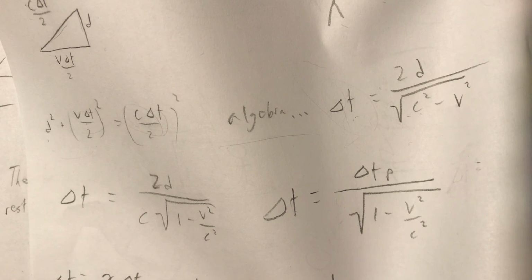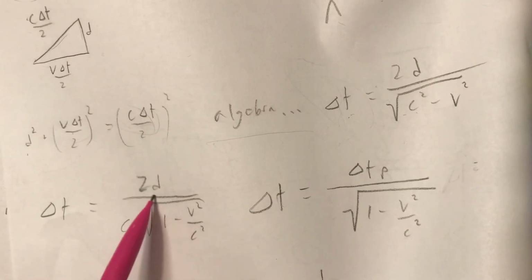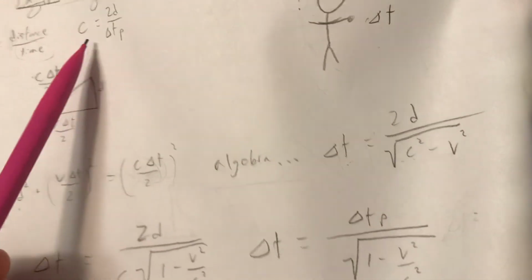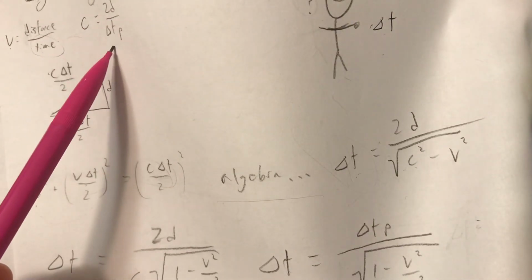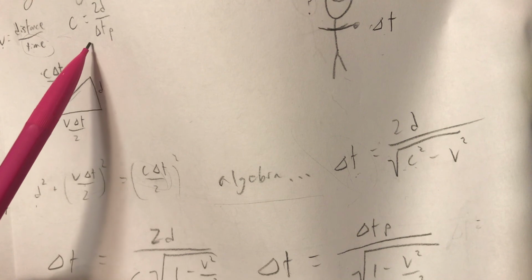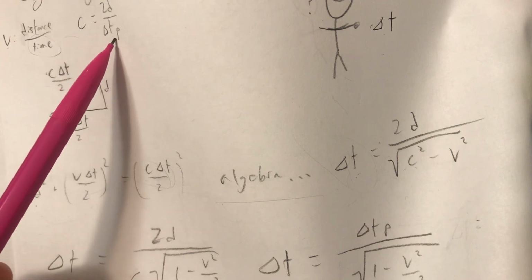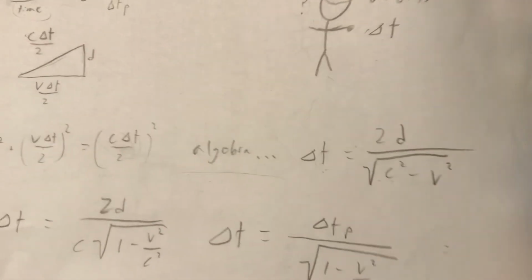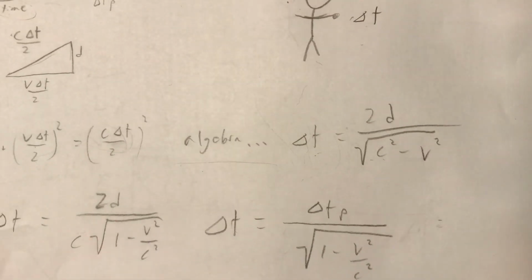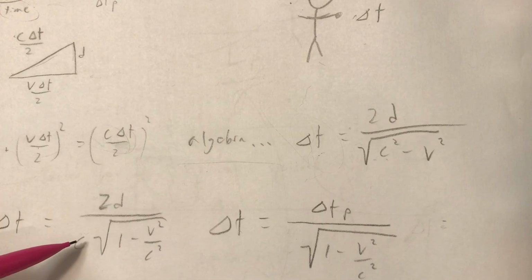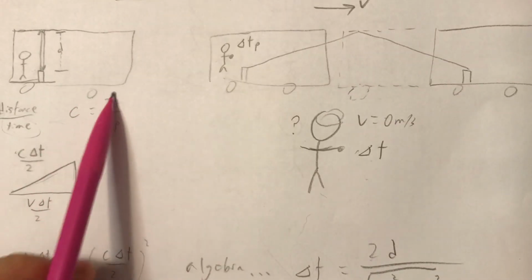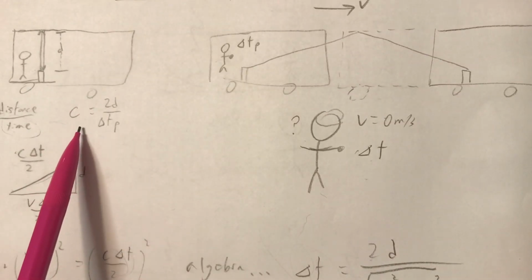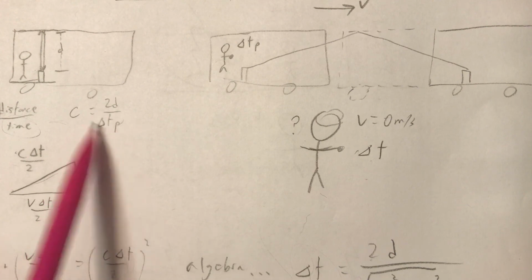Since we know that proper time is equal to 2d over c, and we have 2d over c here, if we rearrange this, 2d over c is equal to time proper.